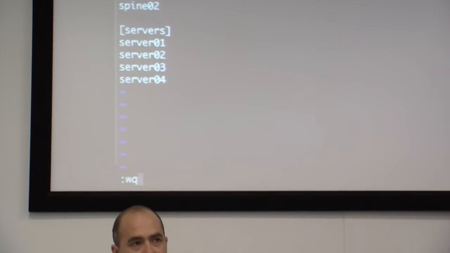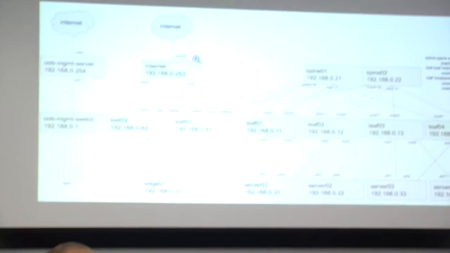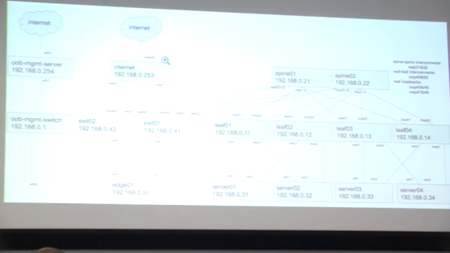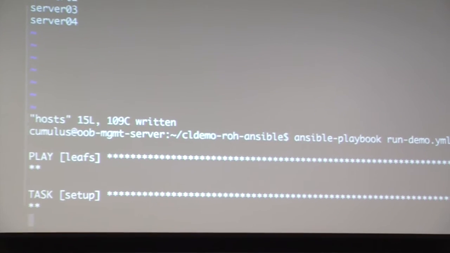As you can see, I added 2 leaf switches and 2 servers that are connected to it. You can see them on the right side: leaf 3 and 4 and the 2 servers that are connected. And the only thing that I have to do now is run the playbook again. And they should be configured at the end.